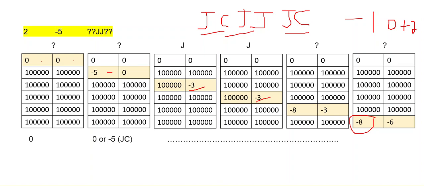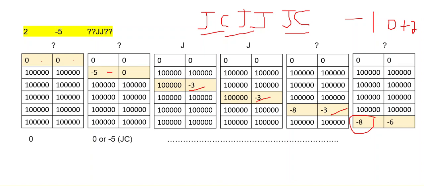It can be JC or JJ. So for JC the combination will be -8, because -3 -5, and for JJ the combination will be -3 plus 0. Okay, and same thing again with the question mark, so the same thing will flow here also, but here we are again adding for this -3 and -3.